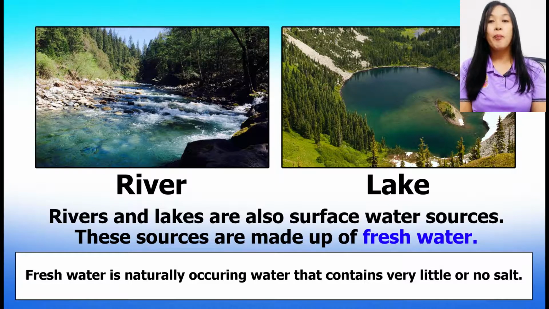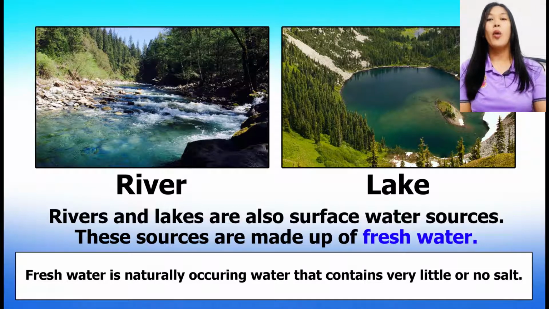So basically, water from rivers and lakes we can consume. Fresh water is water that we can consume or use, while salt water is water with high concentration, high salt content, which we cannot use or consume.